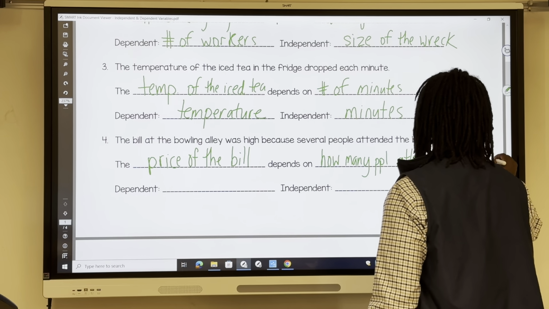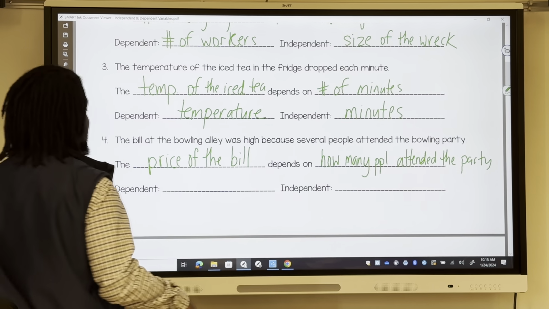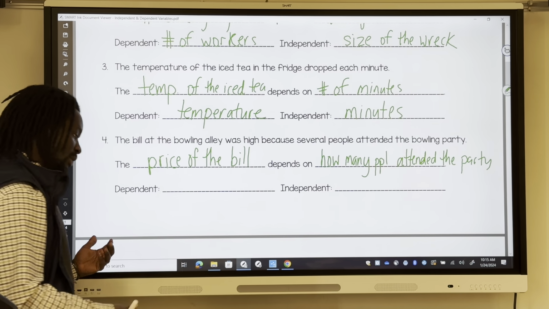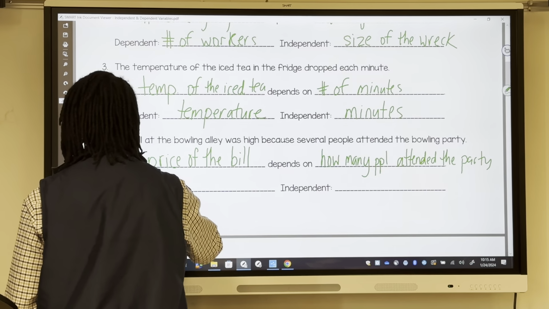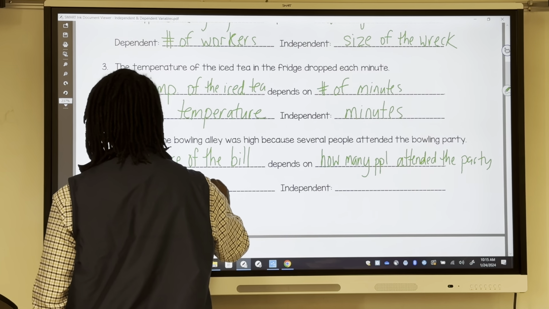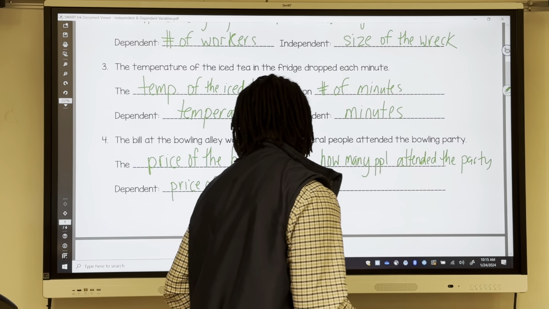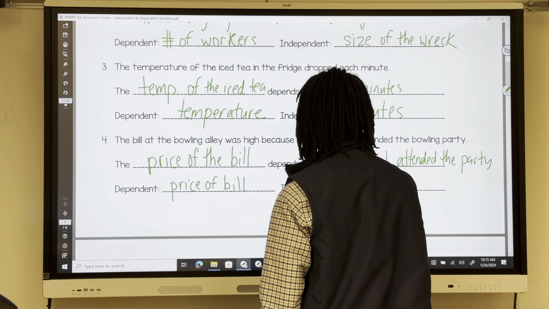The number of people that attended the party determines or causes how much the bill would be. So the dependent variable is the price of the bill, and the independent variable is the number of people.